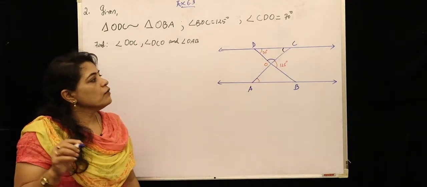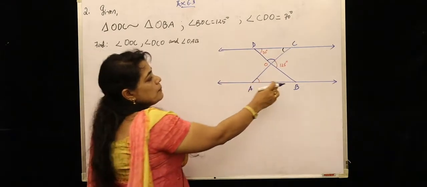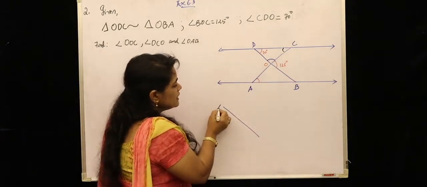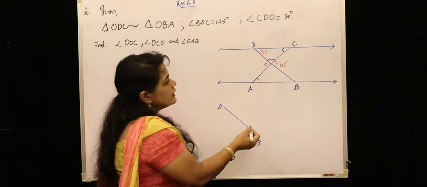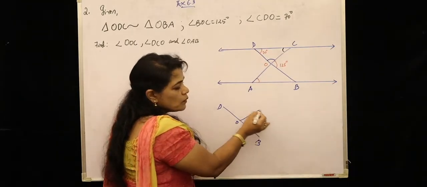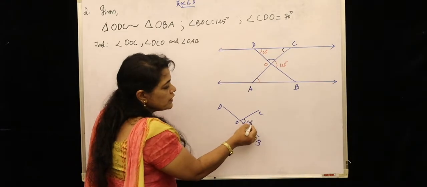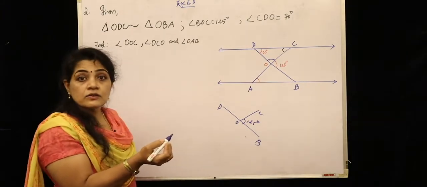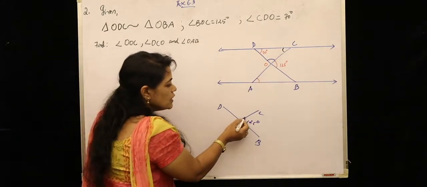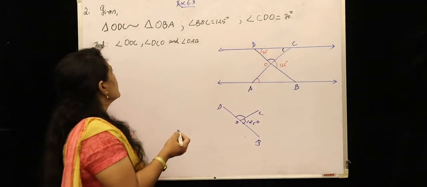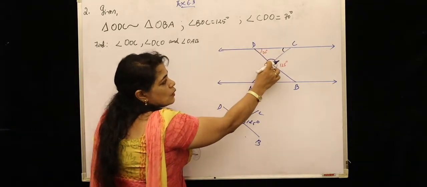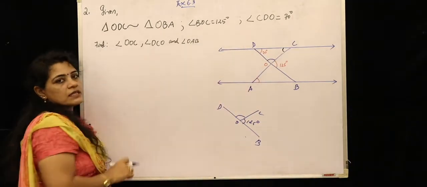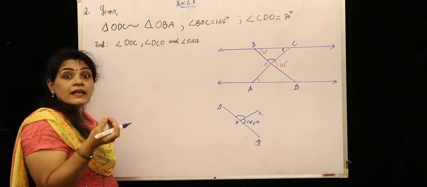And for that we have given angle BOC as 125, children. See, consider DB as a line, and here OC. Here this angle, angle BOC, is given as 125 degrees. So being DB a line, by the linear pair axiom you can easily find the first one, this angle DOC or COD, both are the same.